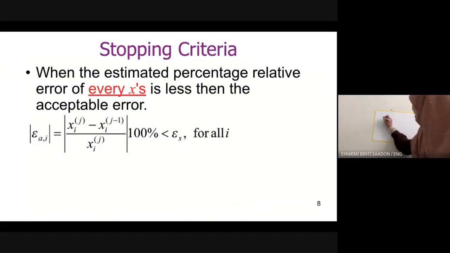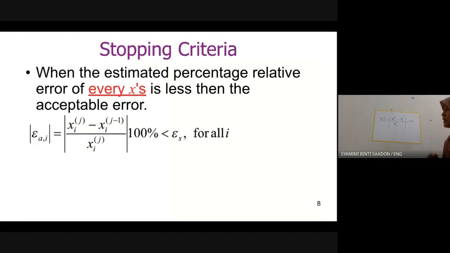So like this, epsilon should be a positive value. For x1, you take the second iteration minus x1 from the first iteration, over x1 from the second iteration, and times 100% to get the percentage.